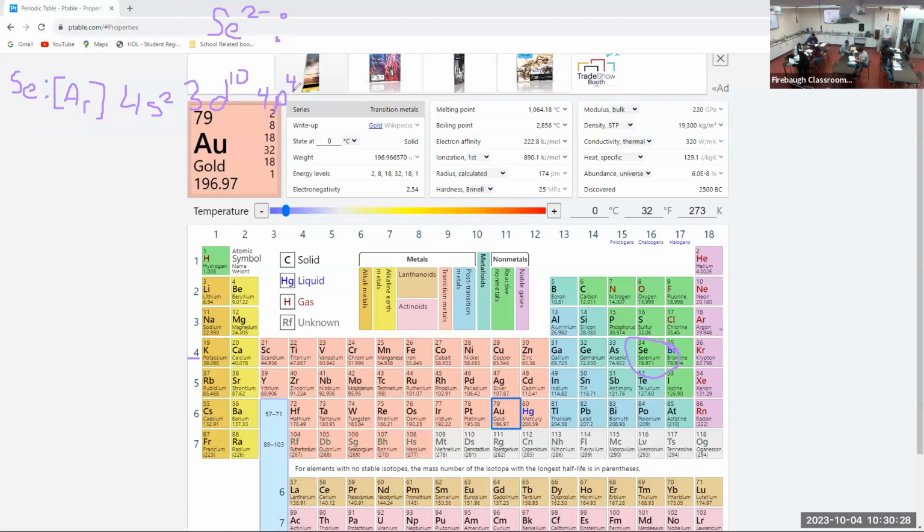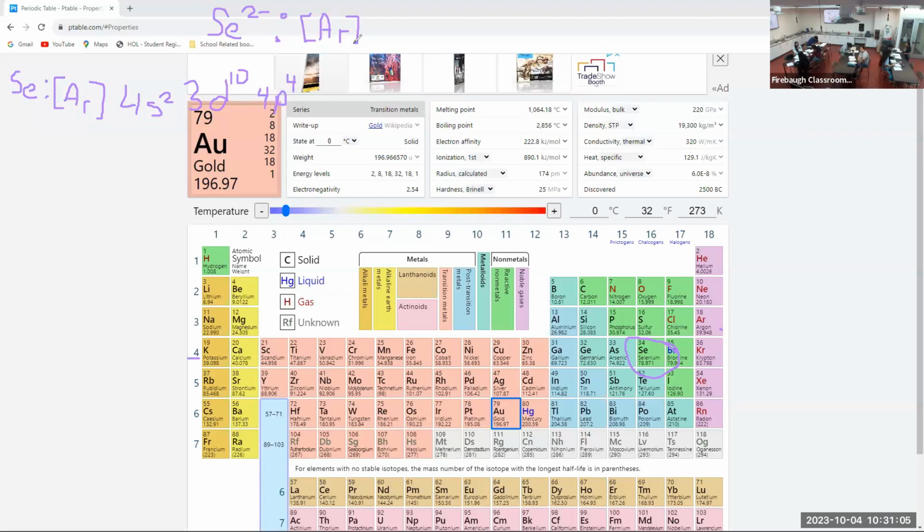Okay, so if I'm gaining 2 electrons, what should be my answer up here? You're still going to use the highest period, because you're adding electrons, right?